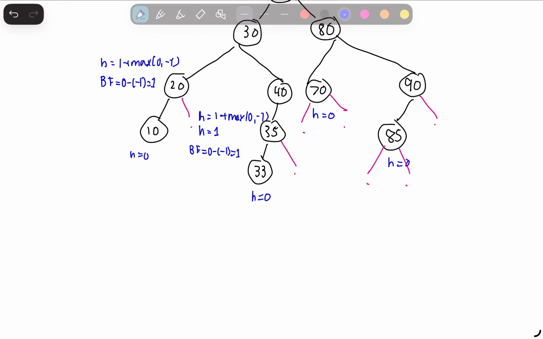Now let's examine 40. For 40, on the left, your 35 node has a height of 1, and on the right, you have null.